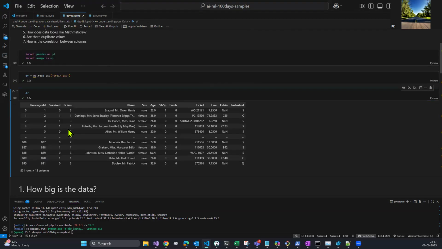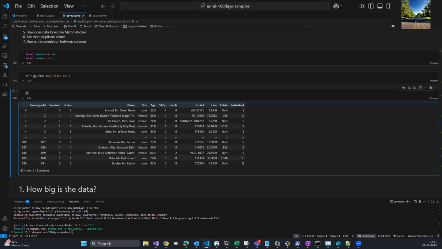Let's understand this data set. This is the Titanic data set, which has passenger ID, survived, class, name of the passengers, sex, age, whether the passenger has siblings or spouse, ticket number, fare, cabin number, and embarked. Embarked is the station where the passenger got onboarded.